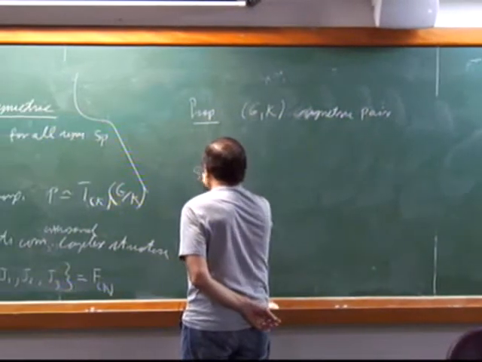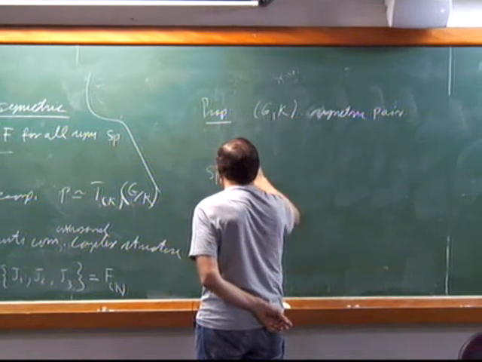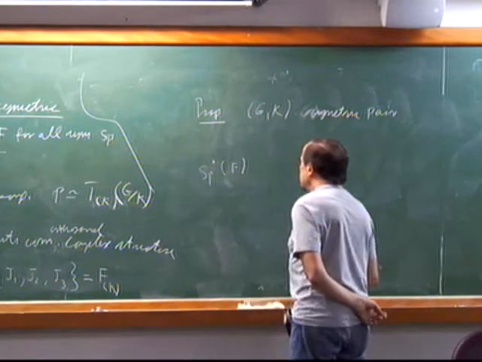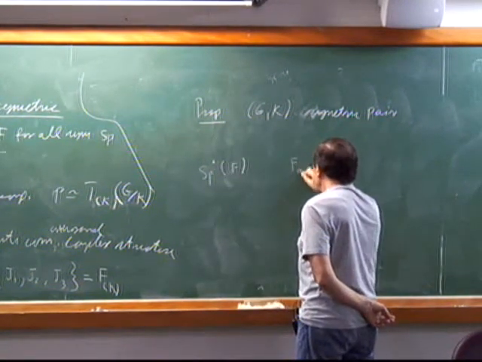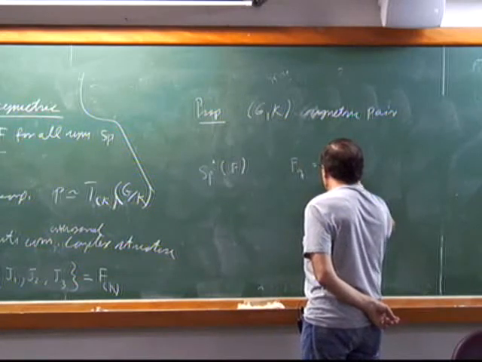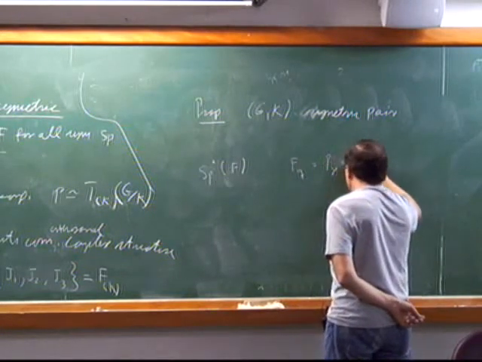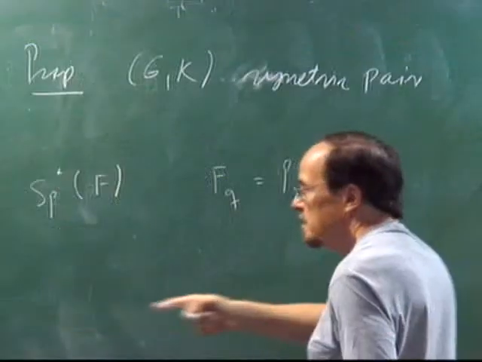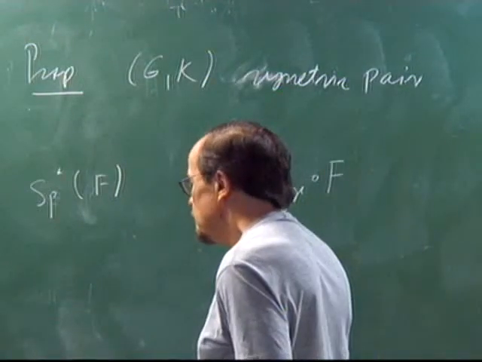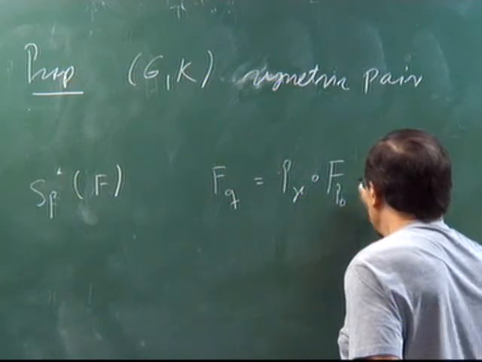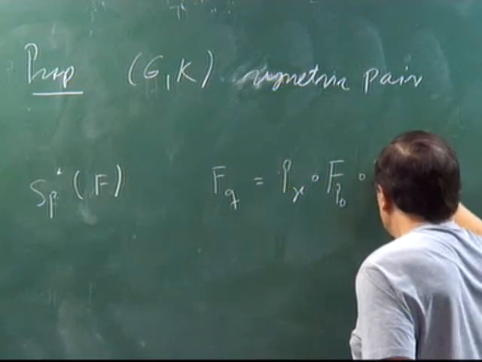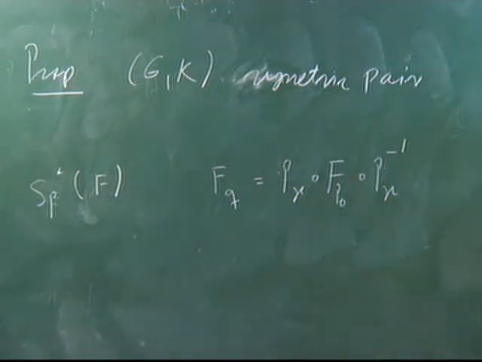So let me just indicate it. How is F at q defined? F at q is defined as parallel transport along gamma composed with F at, what do we call this point? Foot point p naught. And now I'll pull that back with S_p star.